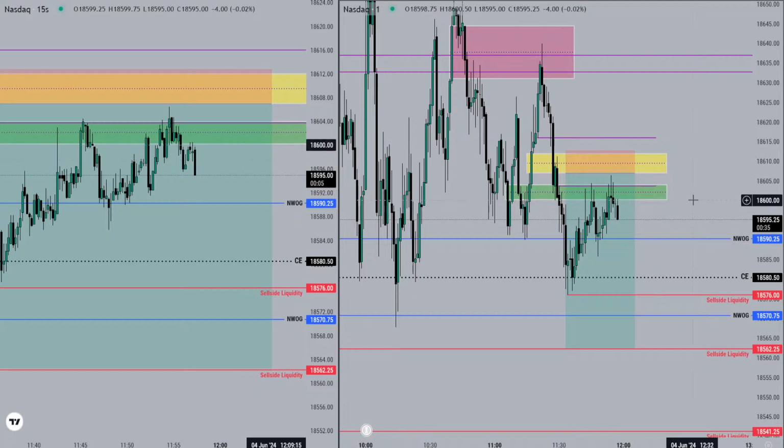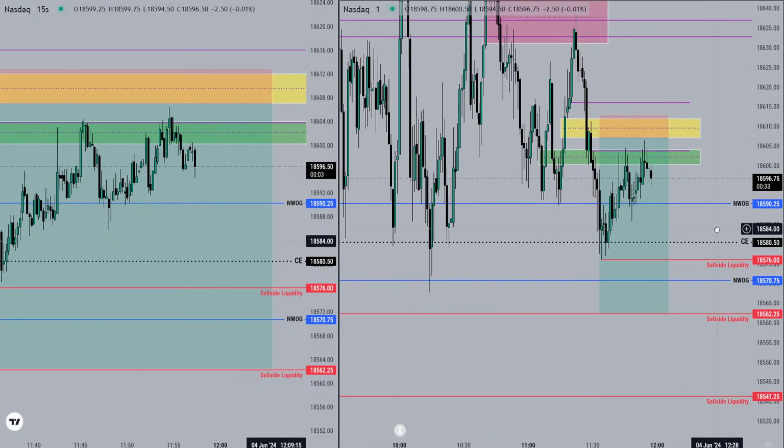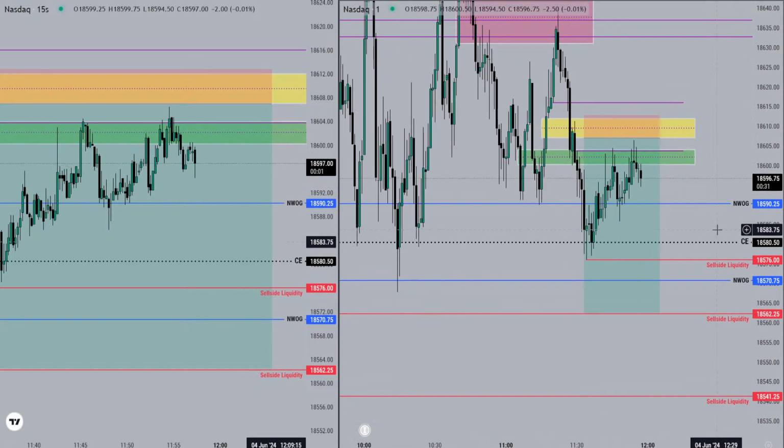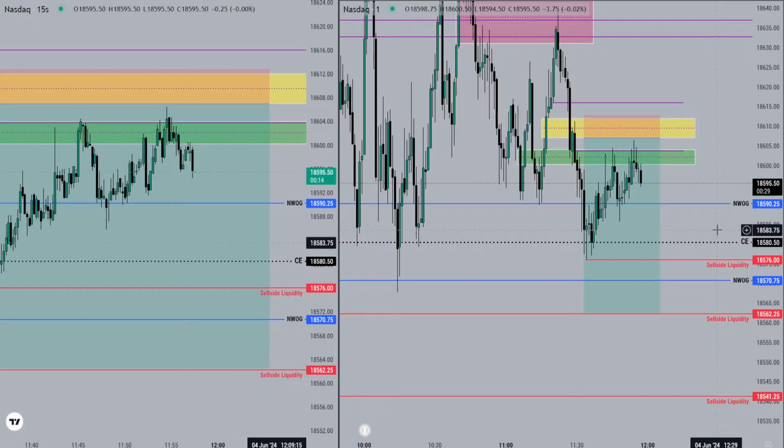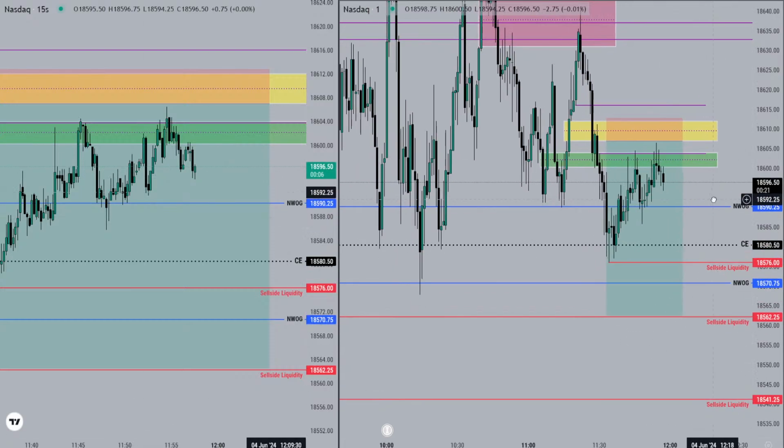Yeah, everything is perfect. Now it should fall. This is the consolidation area. Still we can break the consolidation. I believe that we are able to break the consolidation. Now it should fall at least until 1210.